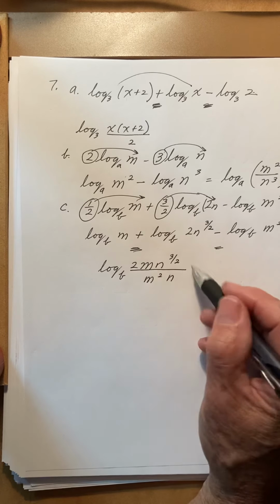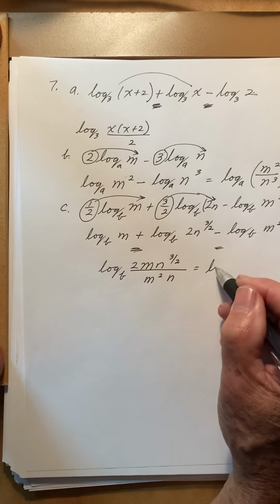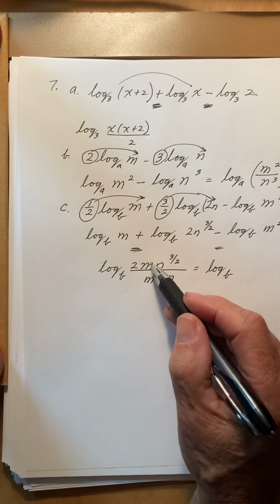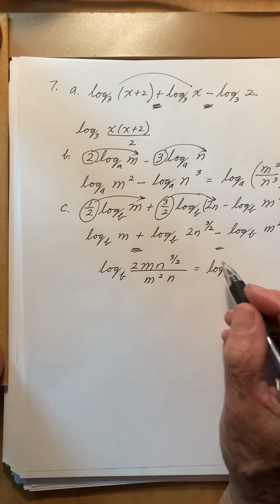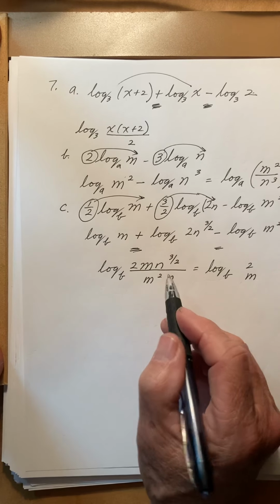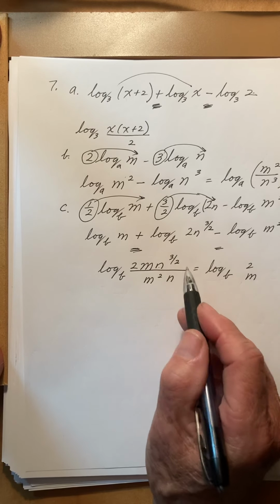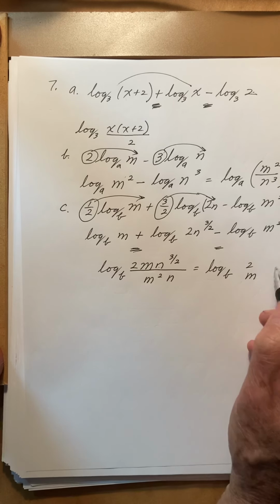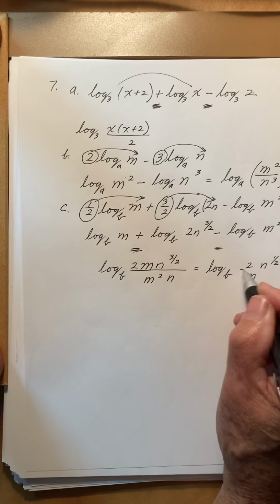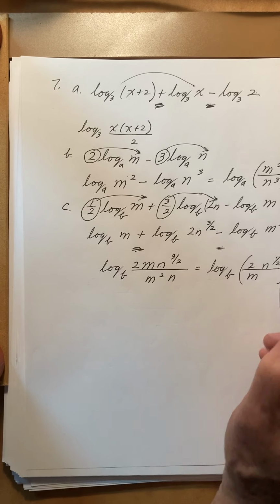Now this can be simplified, so that'll be log base b, m divided by m squared. That puts the m on the bottom. And here we have n to the 1½ minus 1, so that's n to the 1/2. And I'll just put all that in parentheses.